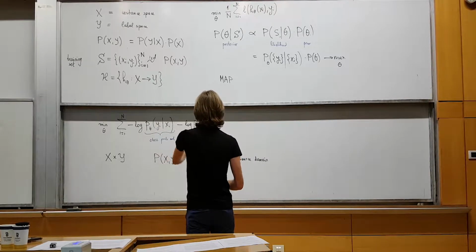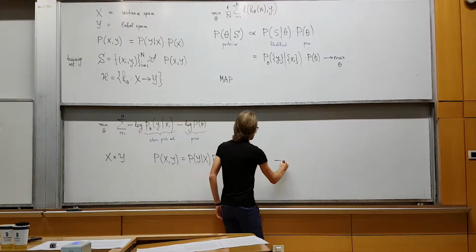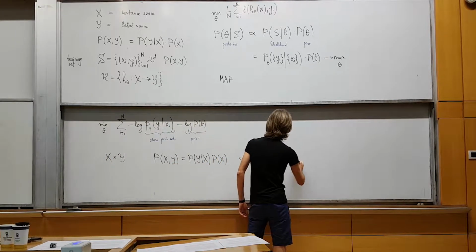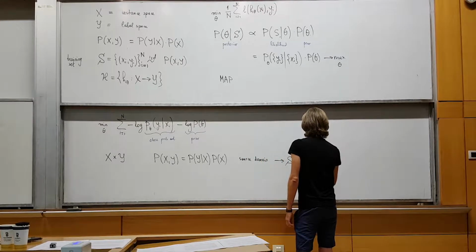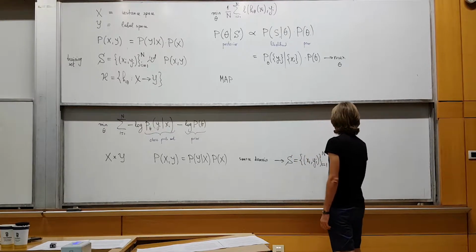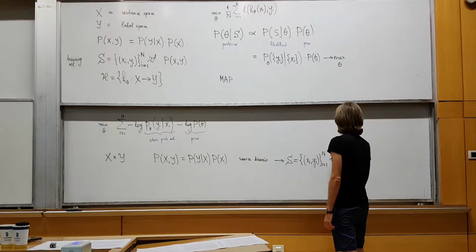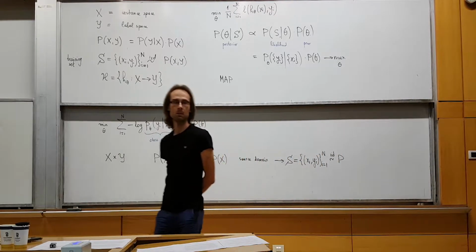Now, from this source domain, I will sample a sample set S containing xi, yi, i from 1 to n, again distributed IID from P. Okay?